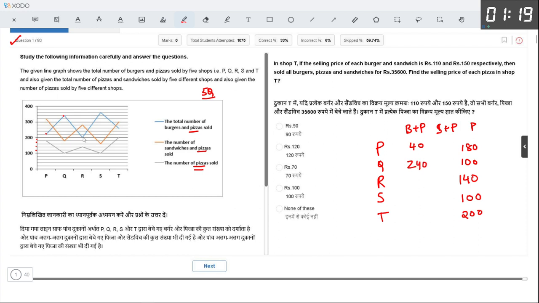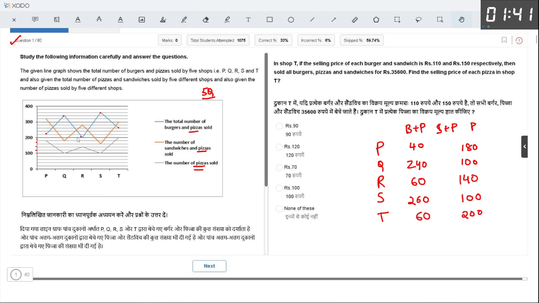Here burgers plus pizza is 200, so remaining means 200 minus 140 is 60. If burgers plus pizzas are 360, that means 260, because already 100 is there for T, so remaining burgers will be 260.